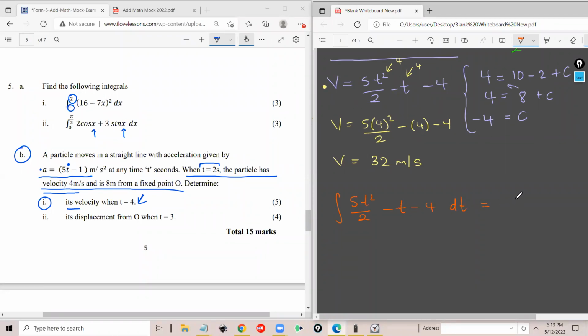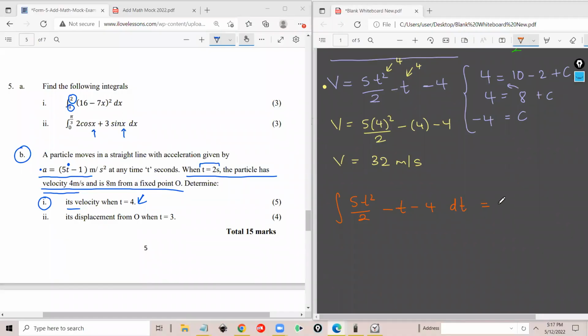This will give us the formula for displacement. When I integrated this, I got 5t cubed. Now, the 3 is going to go underneath, but it's going to meet the 2 to get 6, minus t squared on 2, minus 4t and plus what? C.